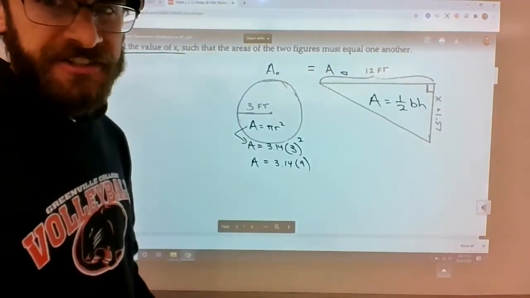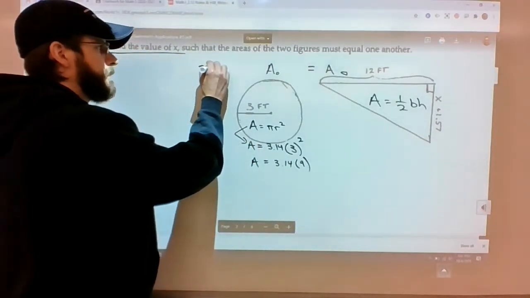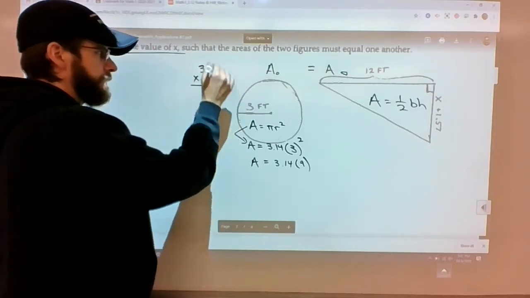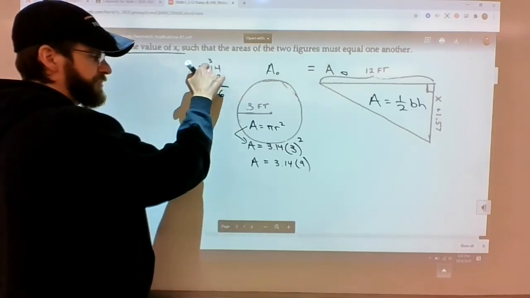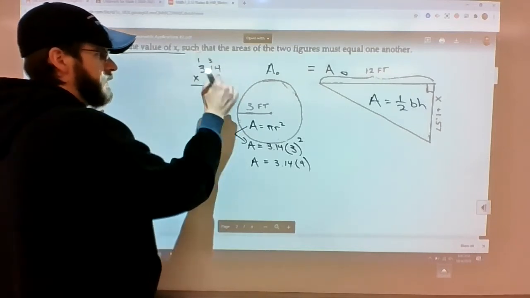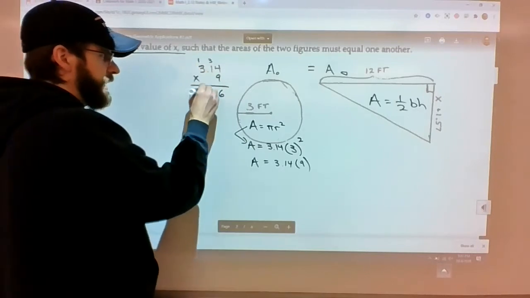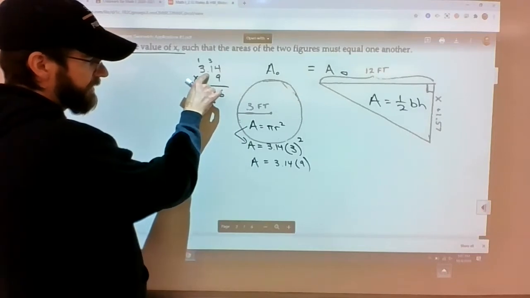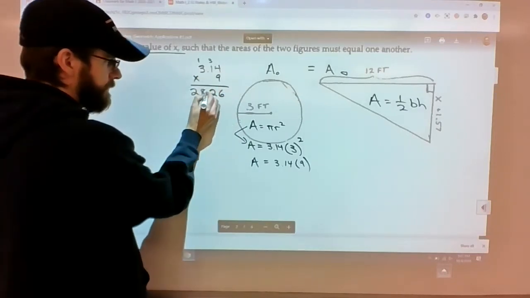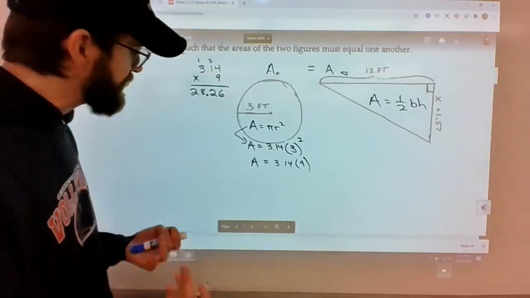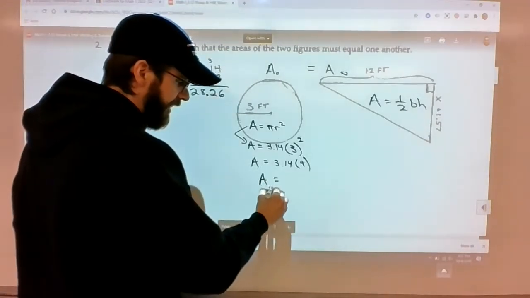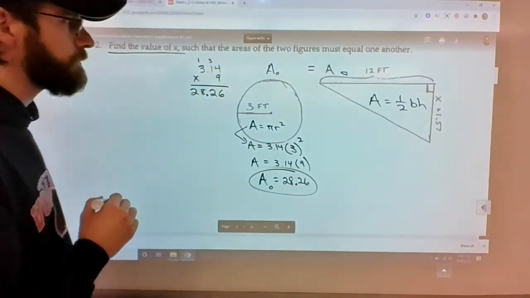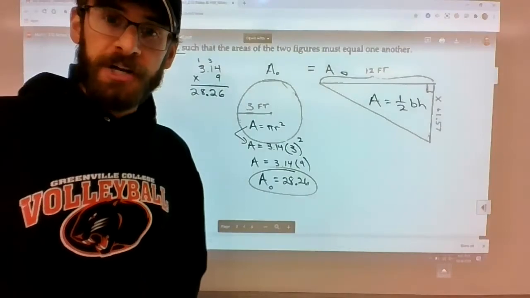Then I might have to go off to the side and do some calculations. 9 times 4 is 36. 9 times 1 is 9, plus 3 is 12. 9 times 3 is 27, plus 1, 28. Remember with decimal multiplication, 2 digits in, 2 digits in. So it's 28.26. This is the area of my circle. All right, let's find the expression for the area of the triangle.